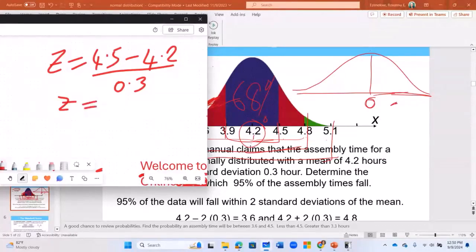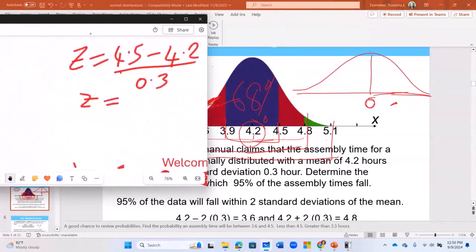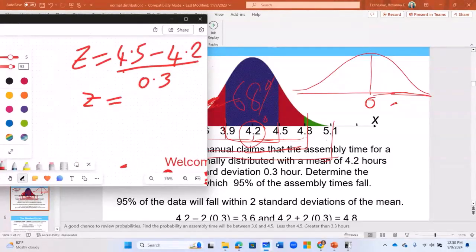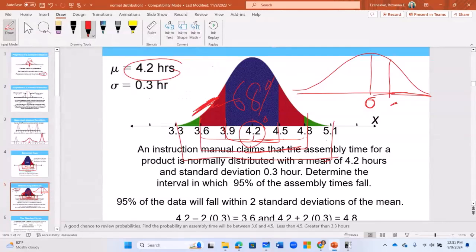The z-score of 4.5 is equal to 4.5 minus 4.2 over 0.3. So 0.3 over 0.3 gives me 1. So what does 1 mean? It means that 4.5 is one standard deviation above the mean. So I'll put 1 here.